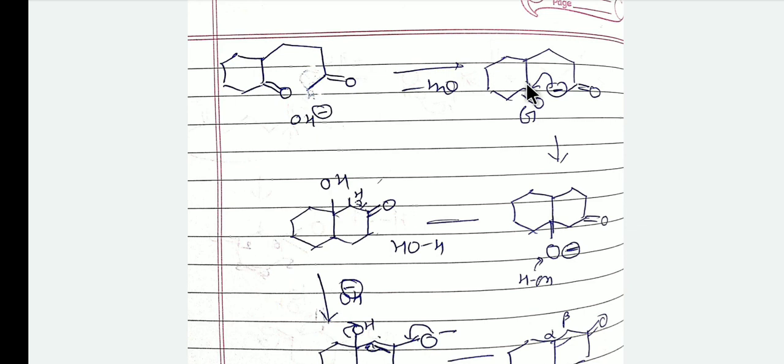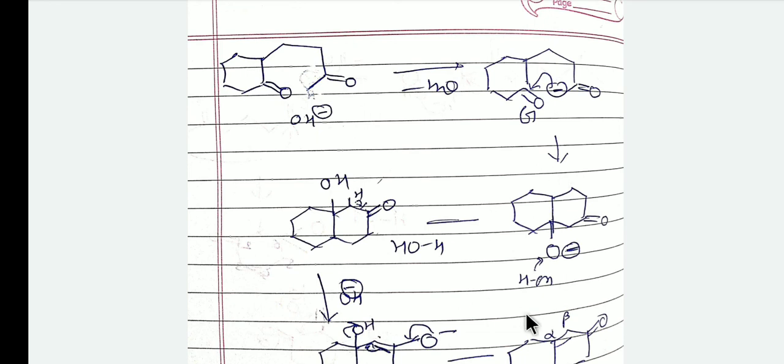So a new covalent bond is formed here, and the ring is cyclized, and this cyclization is called Robinson annulation. Here we get this type of product in which the oxygen has the negative charge, and the open chain is converted into a closed-chain cyclic structure.